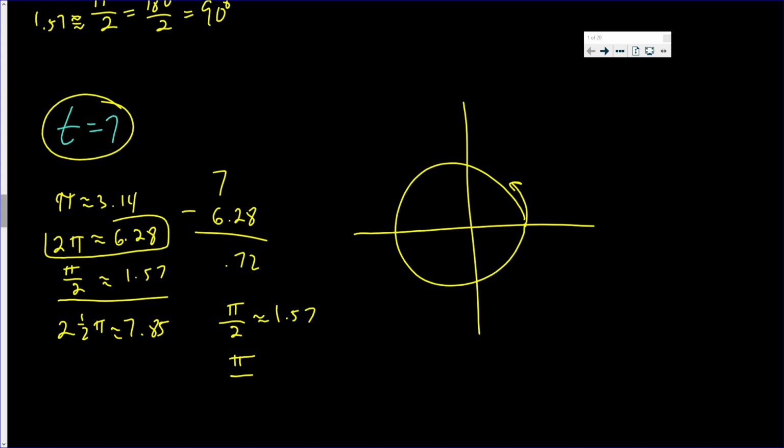If I divide that by 2 again, I get 0.785, which is a little bit more than I want to go. I don't want to go pi over 4. Now remember, pi over 4 is 180 over 4, which is 45 degrees. I don't want to go quite 45 degrees.